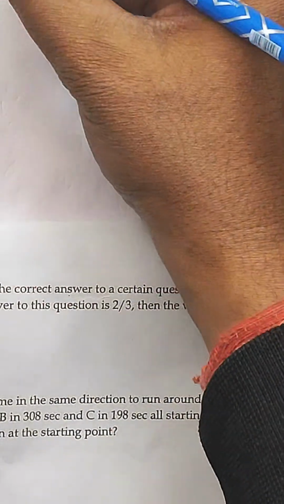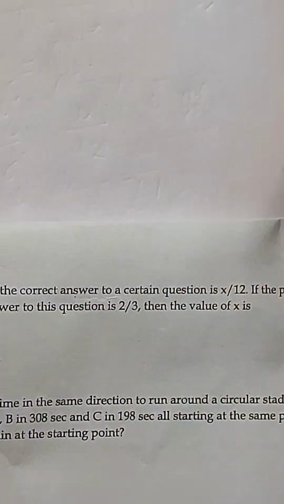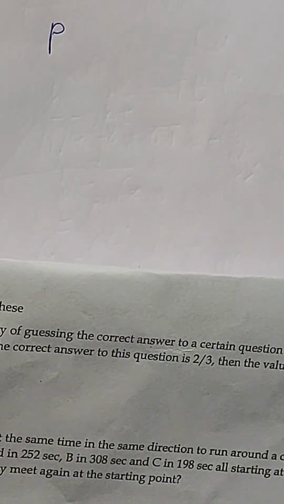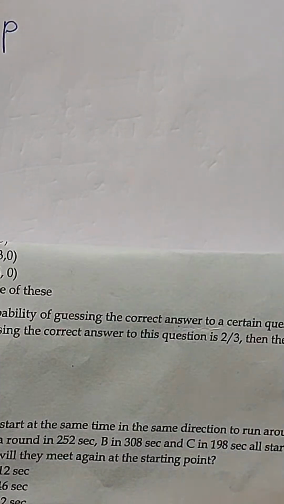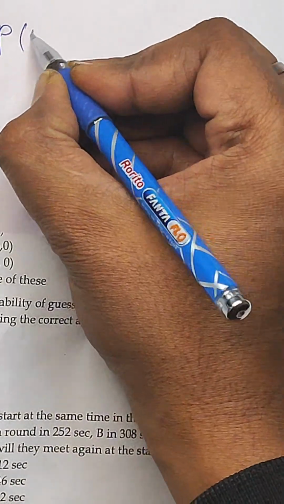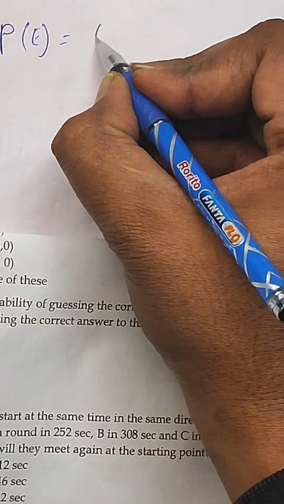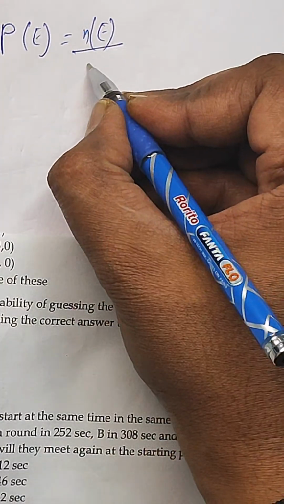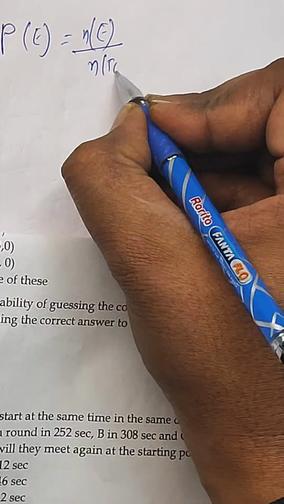So what is probability? Probability of any favorable event can be written as the number of chances of the favorable event divided by the total events, right?